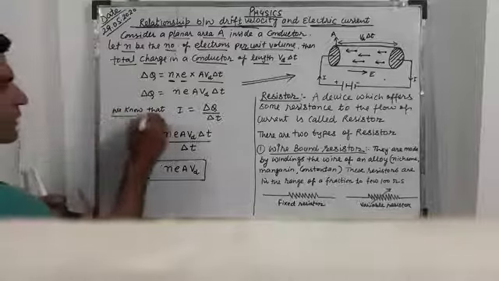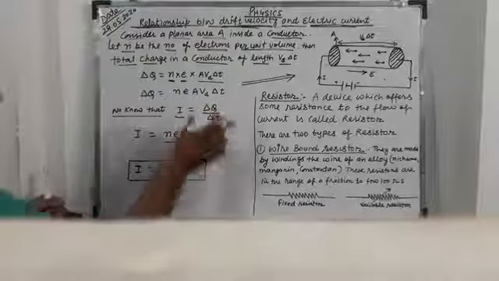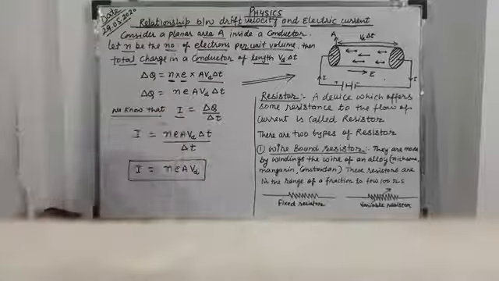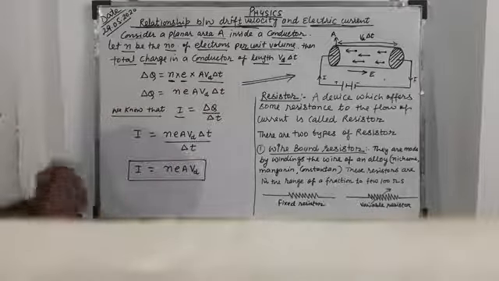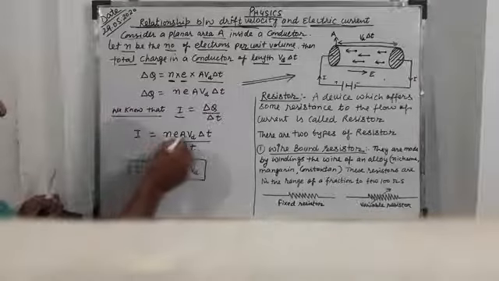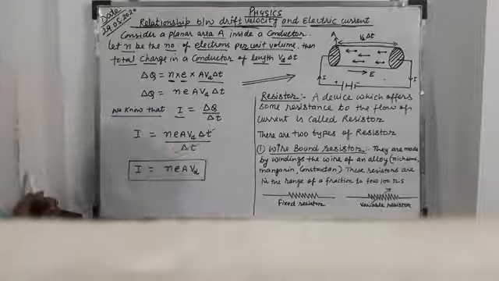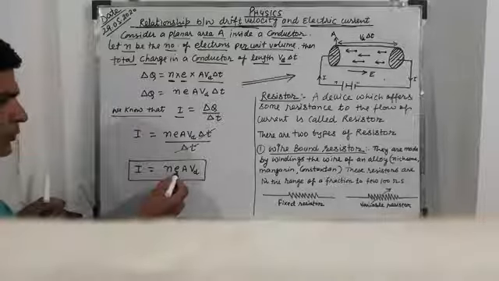Now we know that I is equal to delta q upon delta t. Charge upon time is equal to current. Putting the value of delta q, we get I is equal to n e A Vd delta t upon delta t. By cancelling delta t, we get I is equal to n e A Vd.